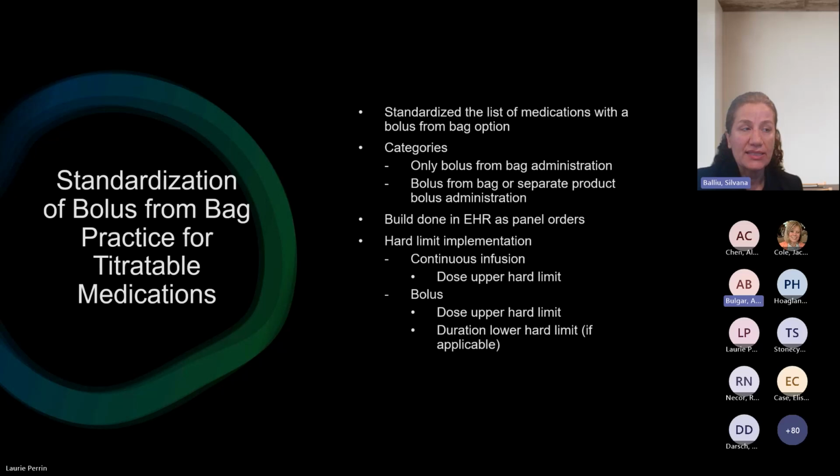We started our standardization process with a list of clinically reasonable medications for administering a bolus dose during the continuous infusion. And we broke them down into 2 categories. The first one was for medications with options to administer the bolus dose from a separate vial or product, or bolus from bag.